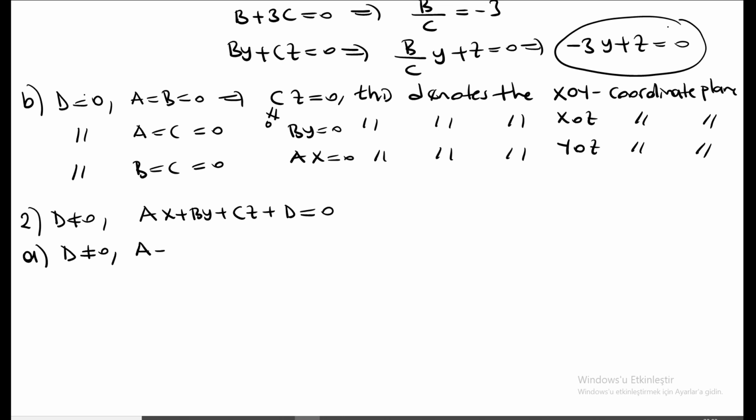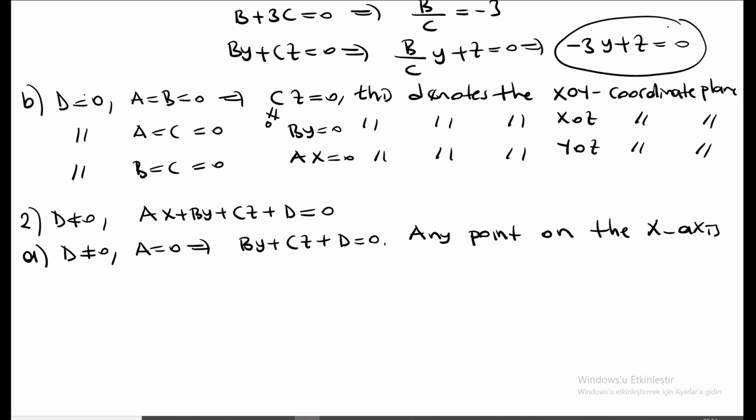Then you have this equation, B times y plus C times z plus D equals 0. So any point on the x-axis, so this point is x sub 0, 0, 0, right? This one does not satisfy this equation.